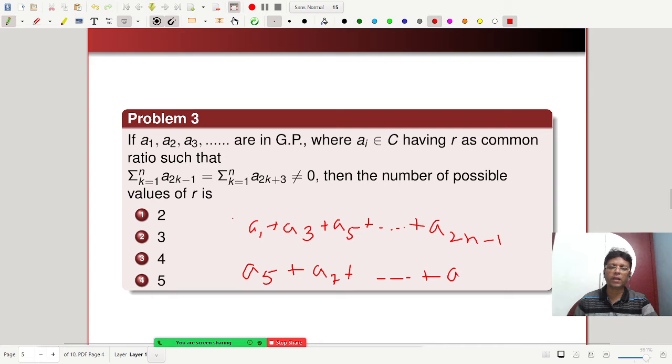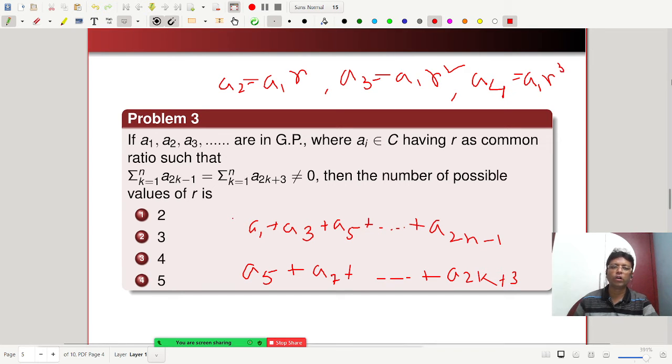It will be a2k plus 3. Just one observation: we can write a2 as a1r because they are in GP, a3 as a1 r squared, a4 as a1 r to the power 3, and so on.